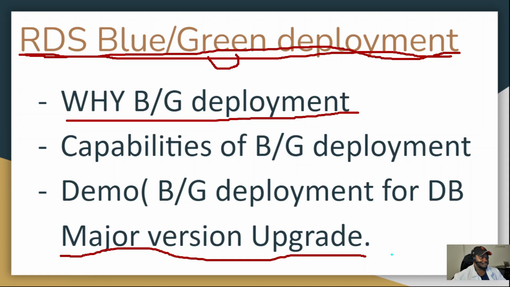So AWS developed blue-green deployment to solve that problem of downtime. It therefore means that with blue-green deployment, you can upgrade your database, let's say from Postgres version 13 to version 14, with drastically reduced downtime, minimized to a few seconds to minutes.